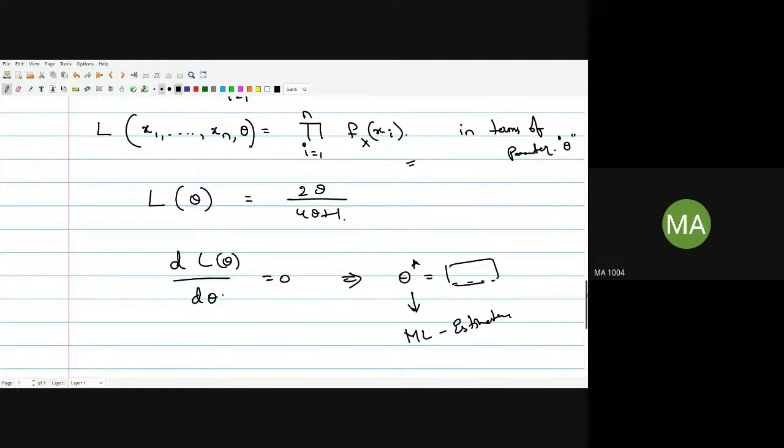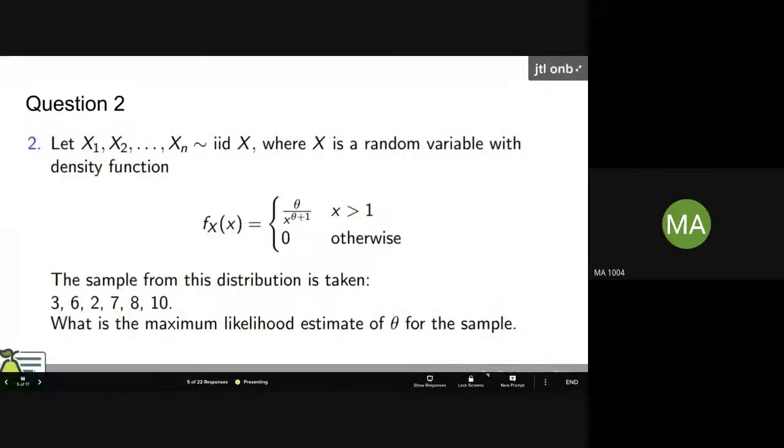So now, using this small concept, let us go back to the slides. Why we take the log is for simplifying.